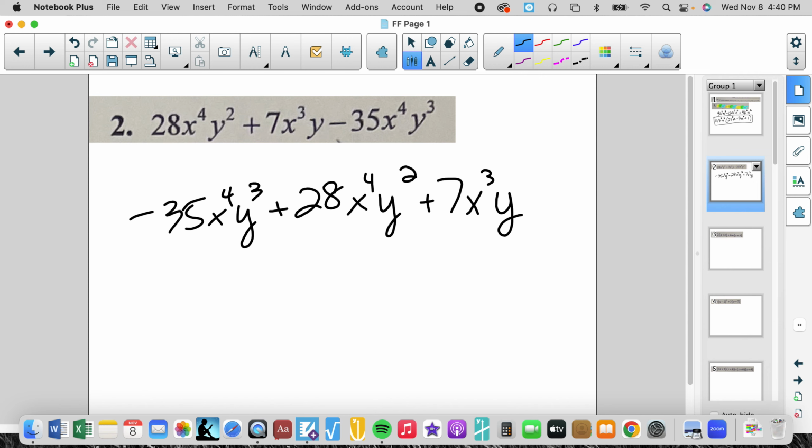All right, now since our first term is negative, we have to factor out a negative. So we're going to factor out a negative 7 x to the 3rd y, just y.